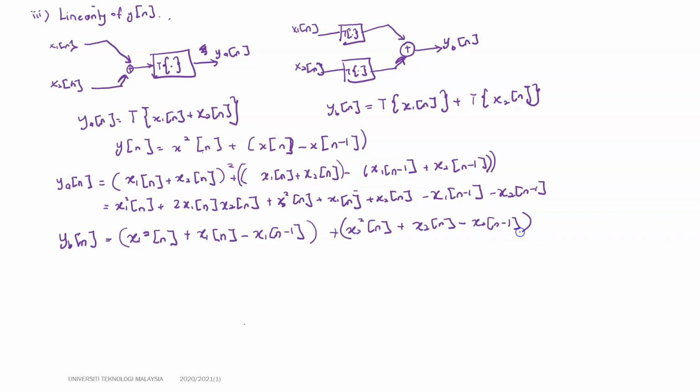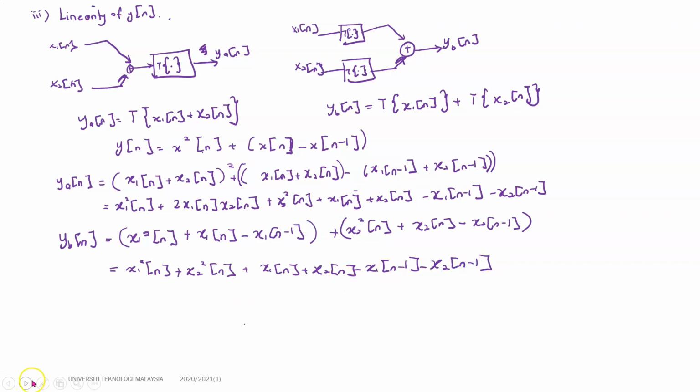So this is the first output from the first transformation here, and this is the second output from the second transformation, which is from x2. If we rearrange this, x1 squared n together with x2 squared n, plus x1n plus x2n minus x1 n minus 1 minus x2 n minus 1.